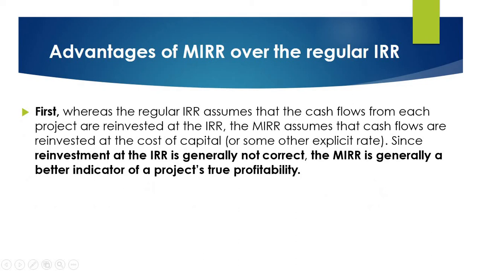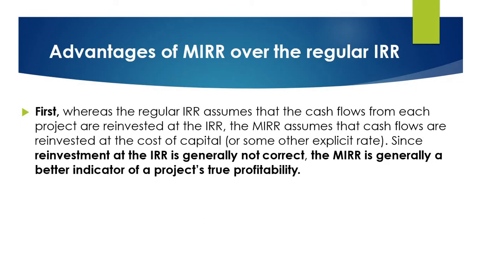Now let's look at the advantages of MIRR over the regular IRR. First of all, IRR assumes that the cash flows from each project are reinvested at IRR, whereas MIRR assumes that cash flows are reinvested at the cost of capital.